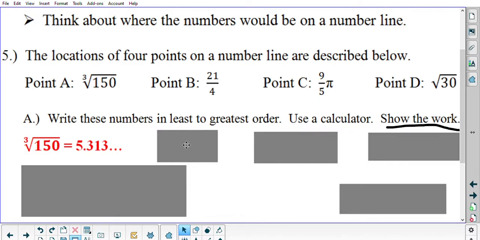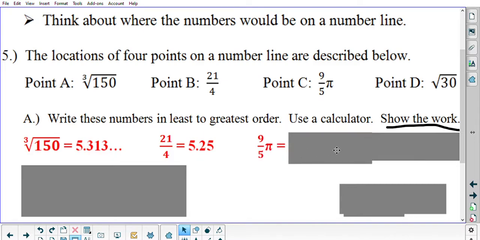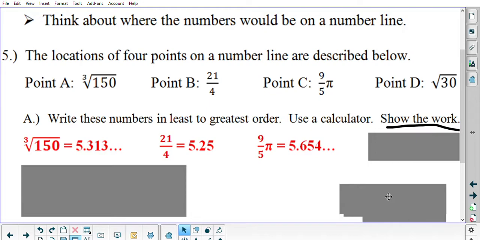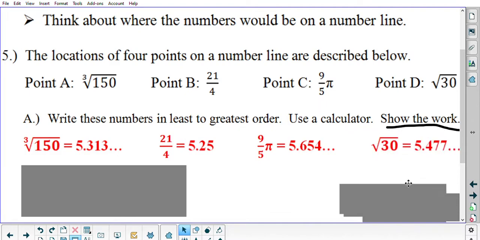That's me using my calculator. 21/4 is the decimal 5.25. Doesn't go on forever. It stops. It's terminating. Point C, 9/5 times pi is 5.654, yada, yada, yada. And then point D, the square root of 30 gives me a decimal that also goes on forever, 5.477, yada, yada, yada. I need to put these numbers in least to greatest order.